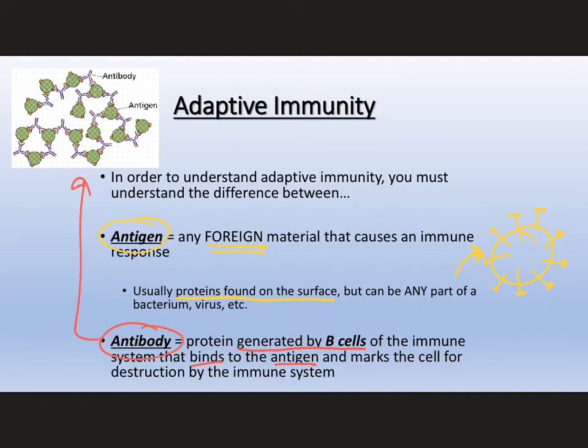If you look at this picture, the antigens would be these little green balls, maybe bacteria of some kind. And then the antibodies are these purple Y-shaped things, which are attaching to those antigens and marking them for destruction or removal from the body.